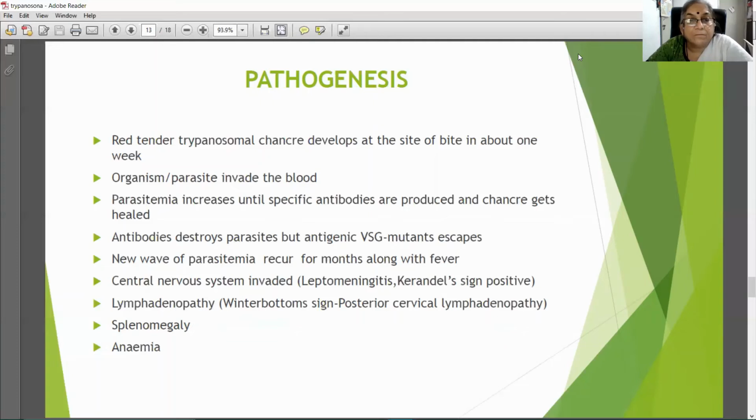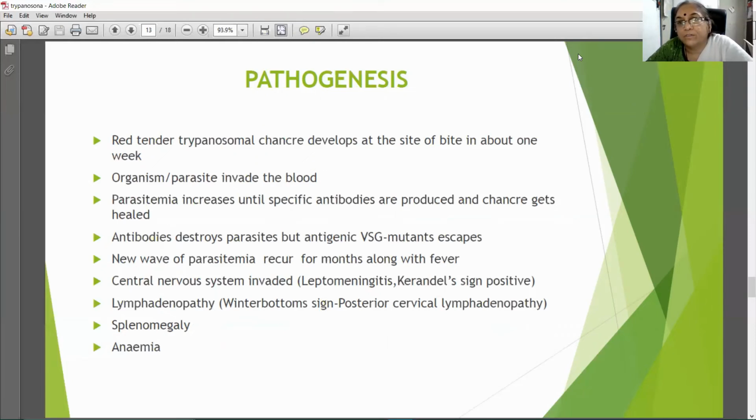The central nervous system is invaded, producing leptomeningitis, Kerandel's sign, which is positive, lymphadenopathy, that is Winterbottom's sign, posterior cervical lymphadenopathy, splenomegaly, and anemia.